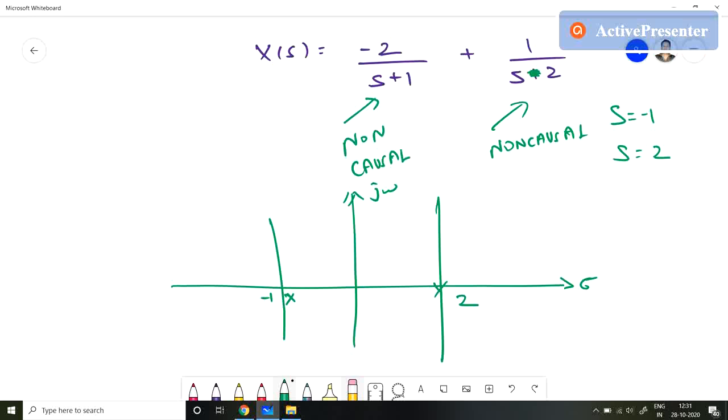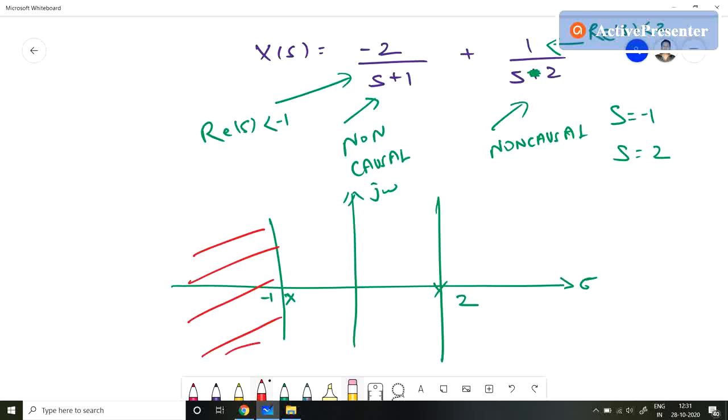Now, if both are non-causal, this signal will give the ROC real part of s less than minus 1, and this signal will give the ROC real part of s less than 2. So for this signal, if it is non-causal, this is the ROC, and for the other signal the ROC looks like this.